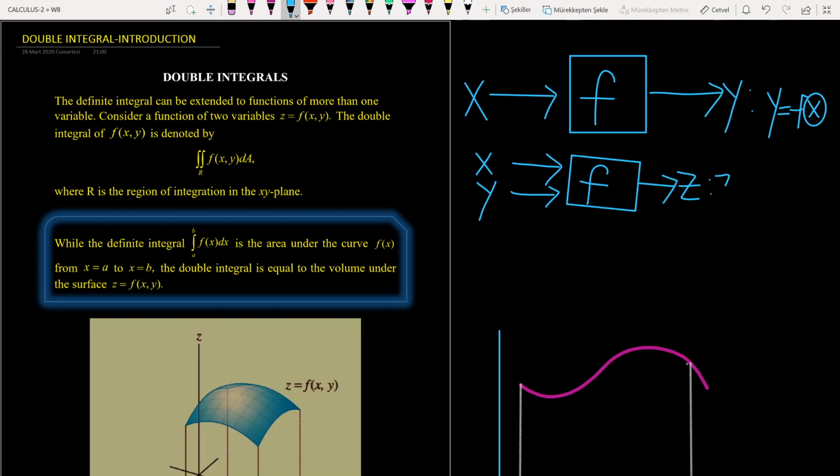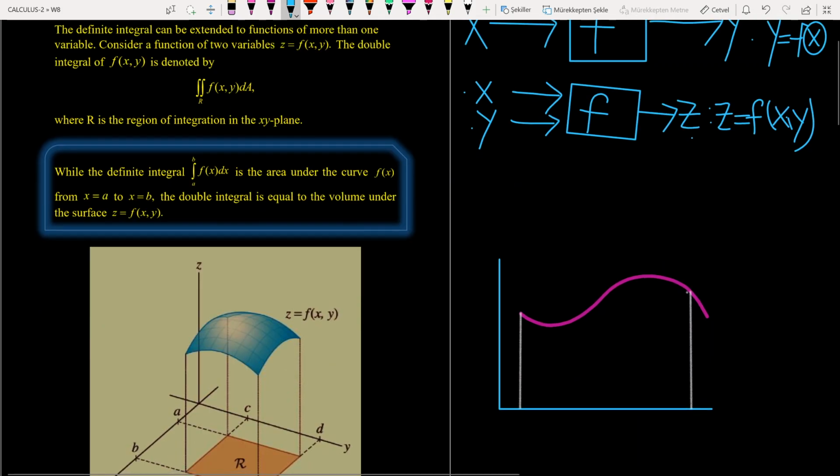In this case, we write z is equal to f of x, y. So, for each value of x and y, we have a number z. This is the idea of a function of two variables. Using the same idea, you may define functions of 3, 4, and 5 variables also.